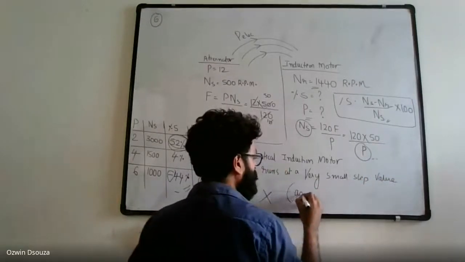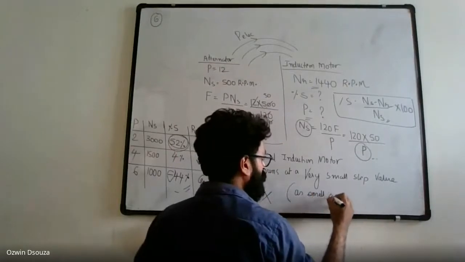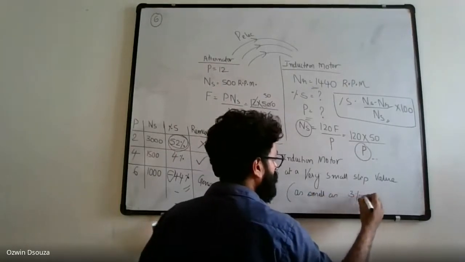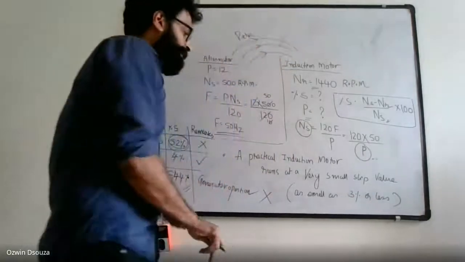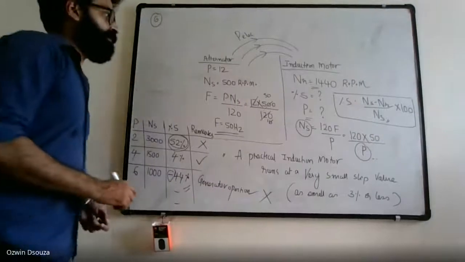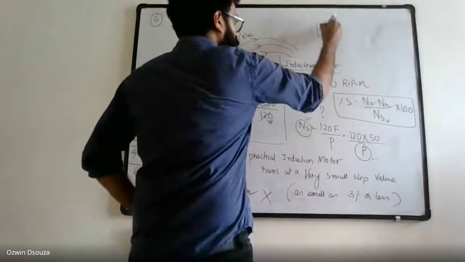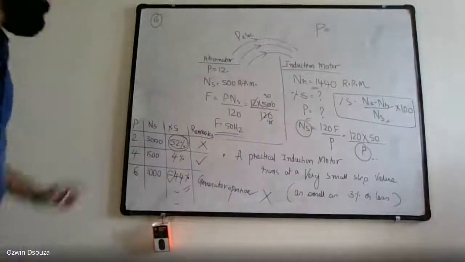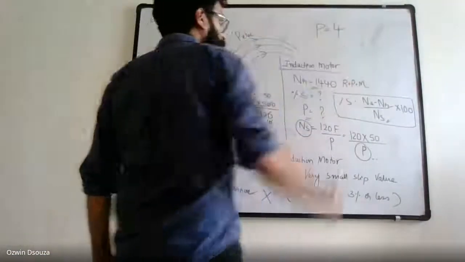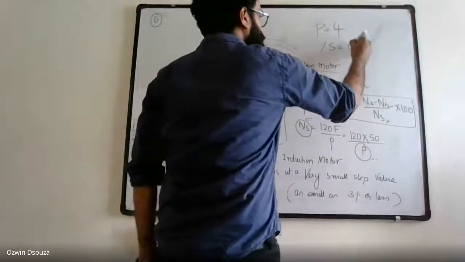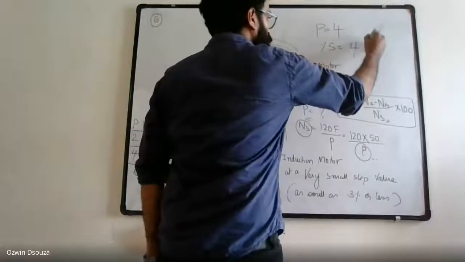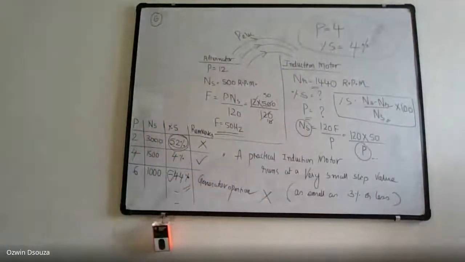In brackets you can write: as small as 3% or less. So in this particular problem, the optimum pole combination is P is equal to 4, which can give a percentage slip of 4%. That is the solution for this particular problem.